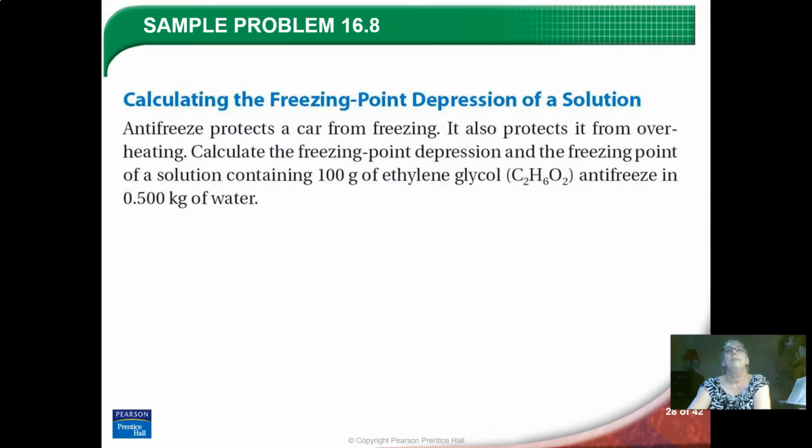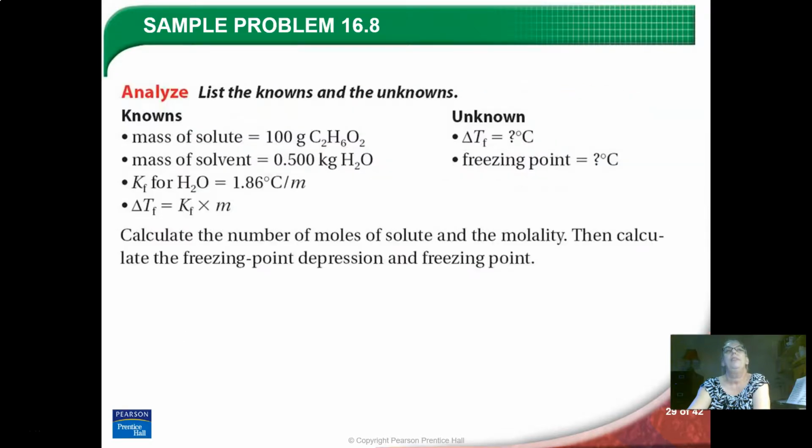So here's another example. We have ethylene glycol, 0.5 kilograms of water, and we're going to use that equation there to figure out the change in the freezing point, but we have to figure out the molality first.